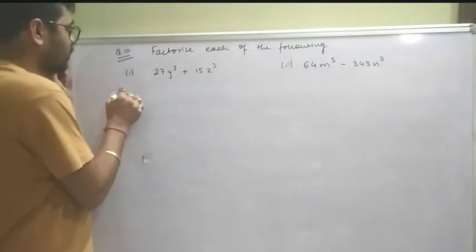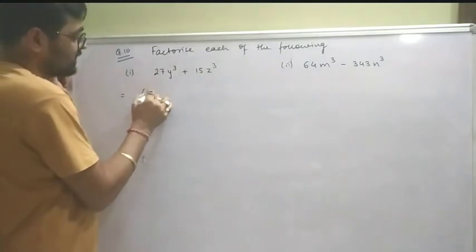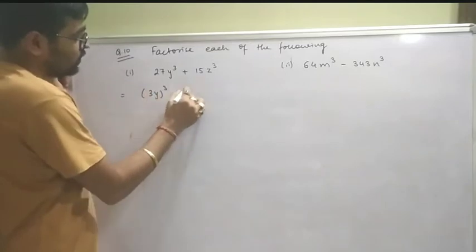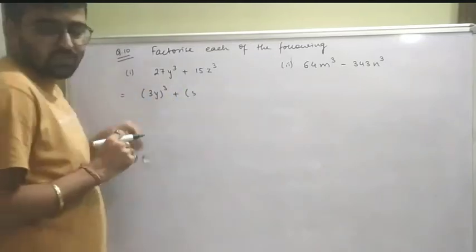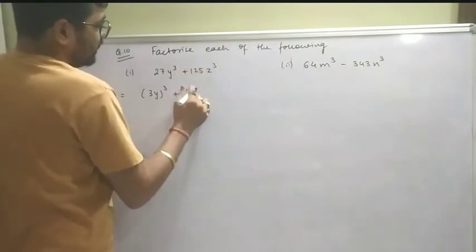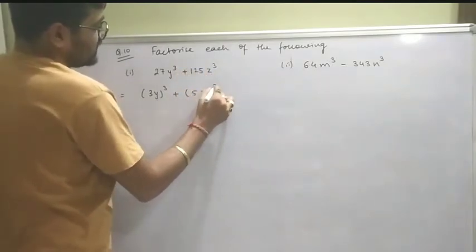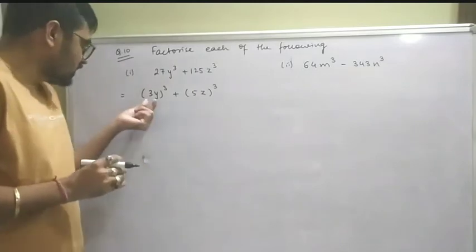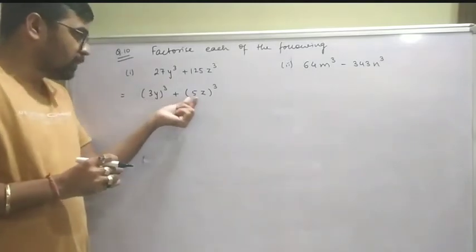So what am I going to do here? Can I write this as 3y whole cube plus 125, so it is 5z whole cube? So can I say this is x cube plus y cube?